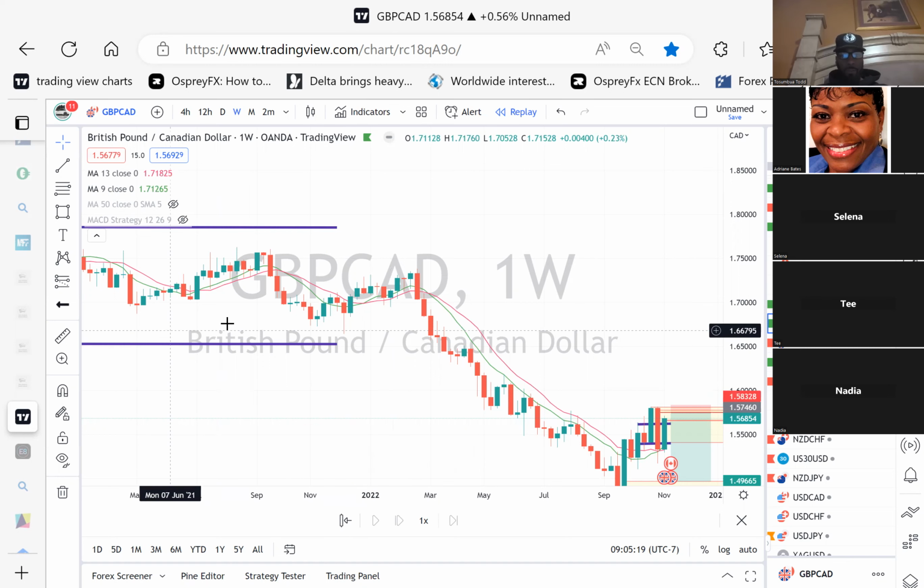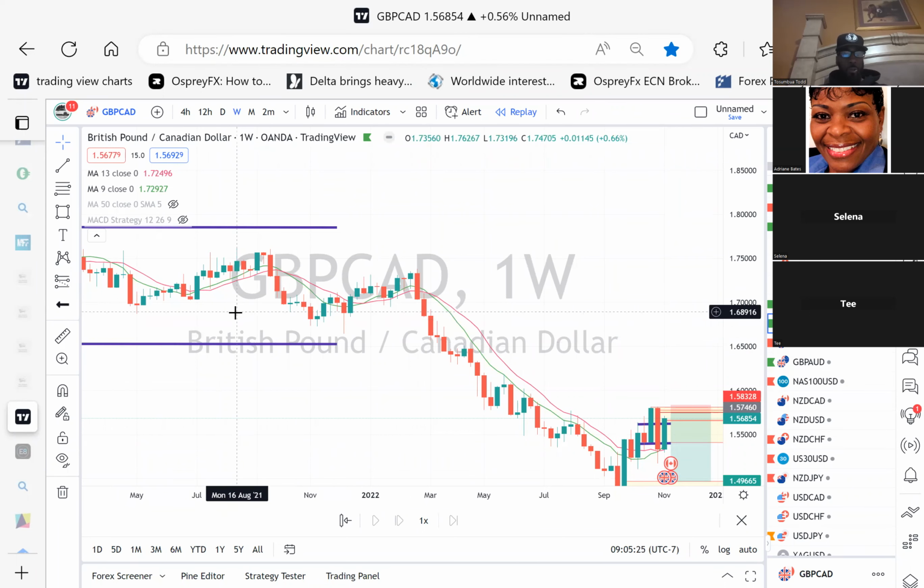So you have a level of support across here, right? And I think even if you trade support and resistance, you understand that it's not a straight line. It's a zone, right? So this is a level of support. Price breaks that support and drops, okay? You get a small retest right here of this zone, and then it pulls away. So you could have gotten in on the retest of this zone, right? That green candle.